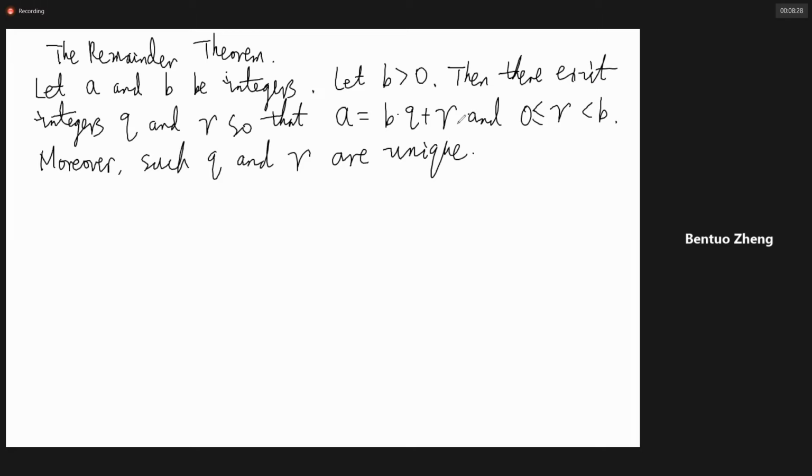Okay, so recall the key for this theorem, as we mentioned, is that the remainder R is between 0 and B.